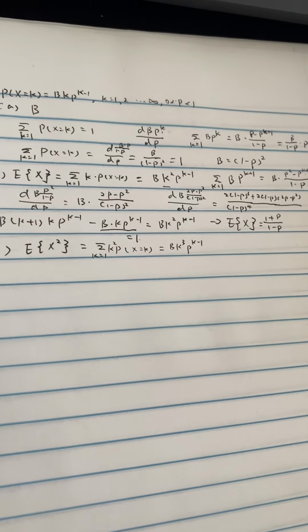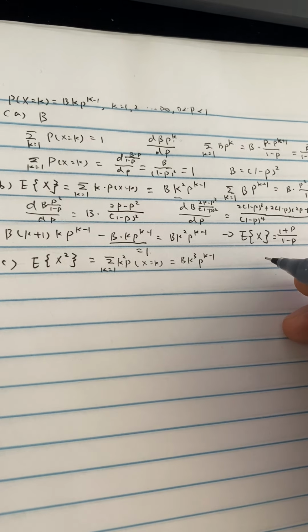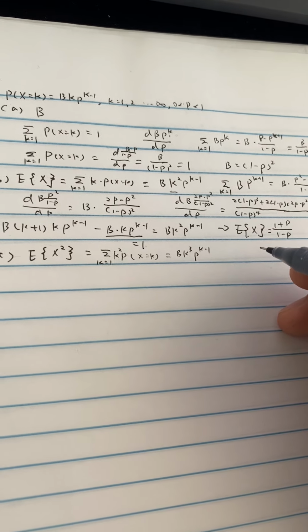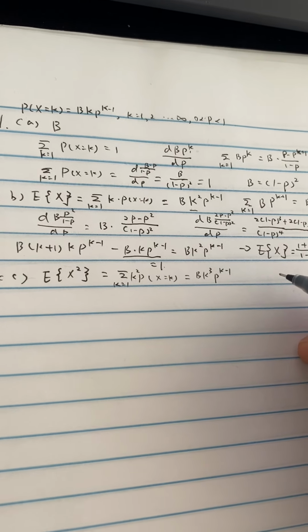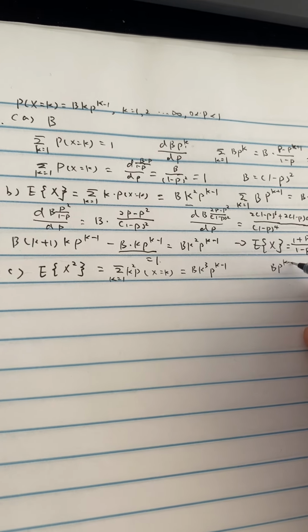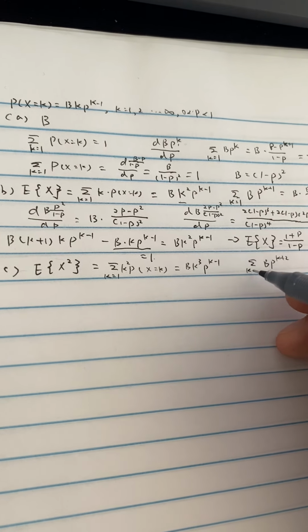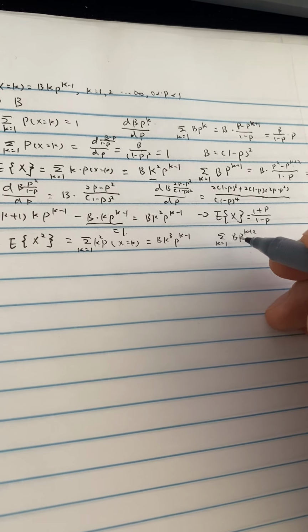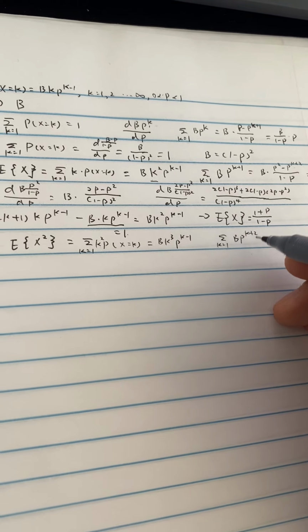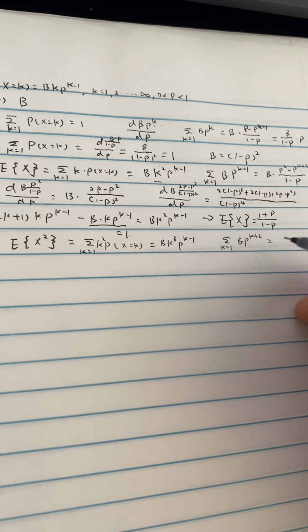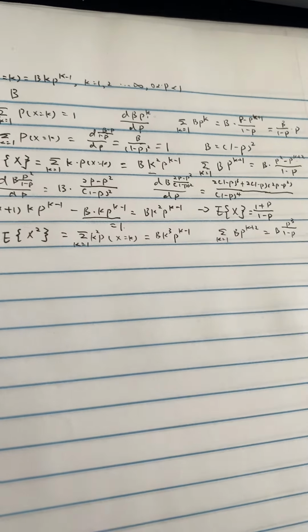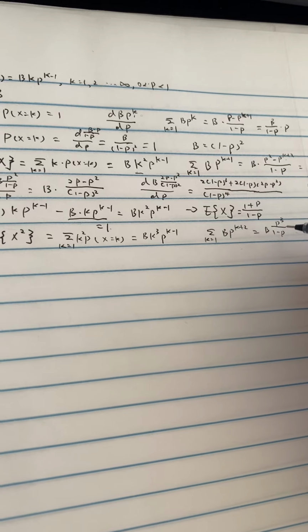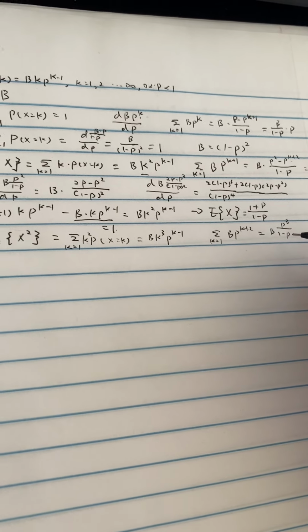The same, we first find the sum of b times p to the power of k plus 2, which is equal to b times p times 3 divided by 1 minus p.